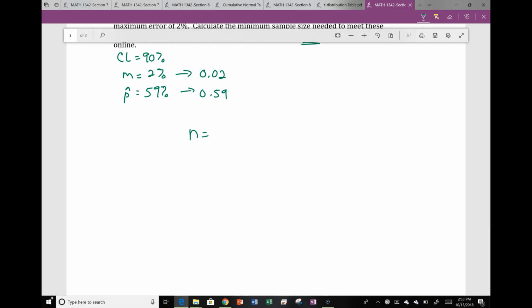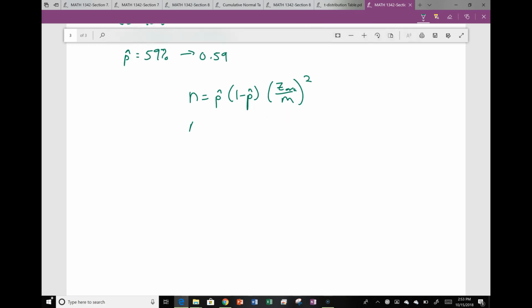So I'm going to take n is equal to p-hat times 1 minus p-hat. So this is the proportion that do shop online times the proportion that do not shop online, times that critical value z alpha divided by 2, divided by the margin of error, squared. So p-hat is 0.59. 59% shop online, so that leaves us with 41% that do not shop online.